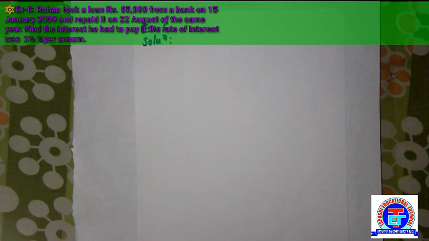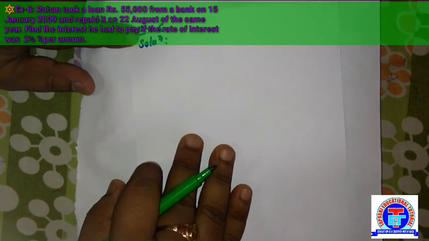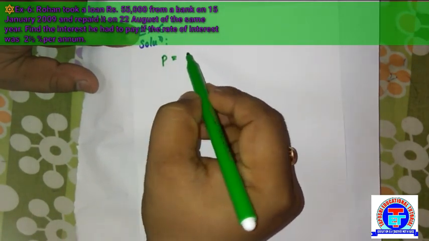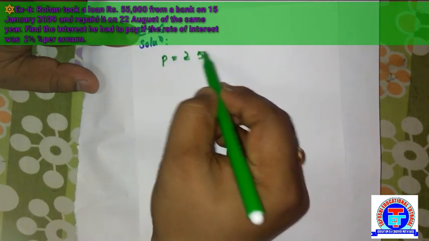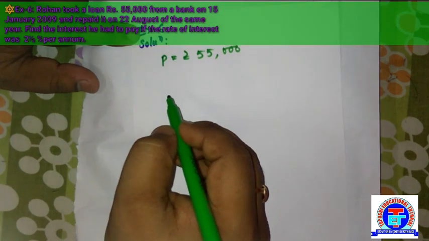Here, first of all, time is a big challenge here, not a big challenge. So there is a simple way that we calculate the time. So first we write the given data. Here principal P is equal to rupees 55,000, right?